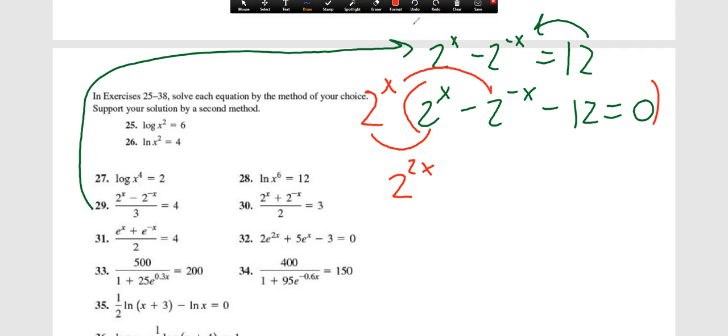When I take 2x and I multiply times the second term, of course it's negative, but when you add those exponents together, what do you get? You get 2 to the 0, which ends up giving you a 1. Does that make sense? That's really the goal. That's why I chose 2 to the x, because I was trying to get rid of that negative exponent and turn it into something nice.